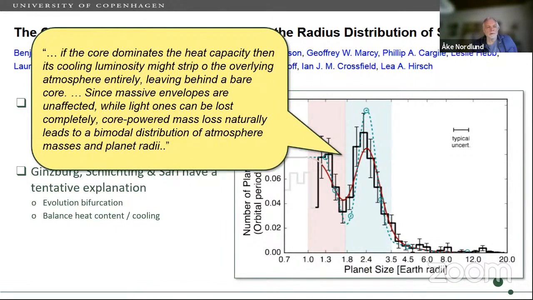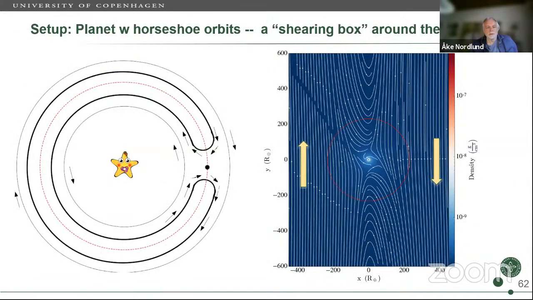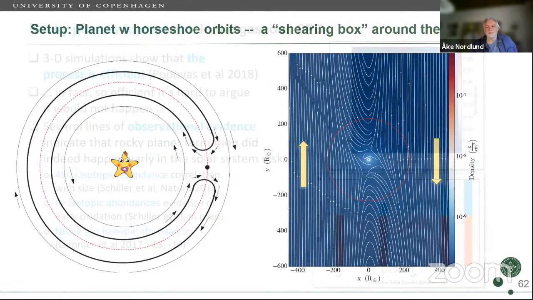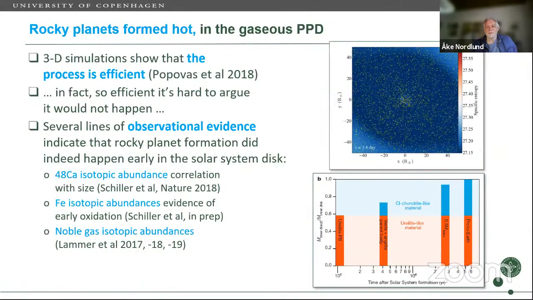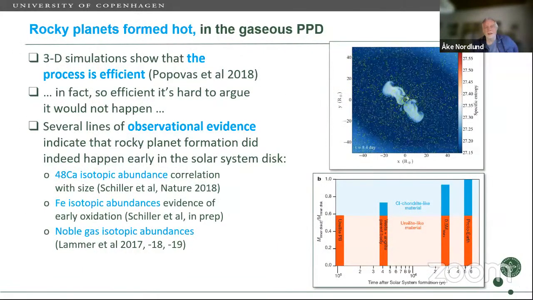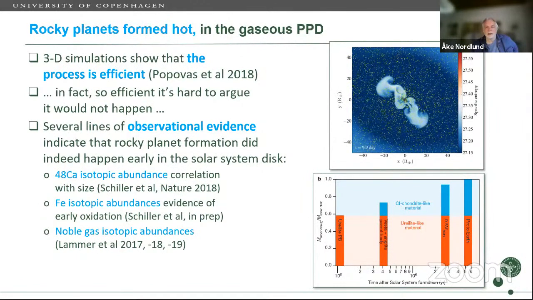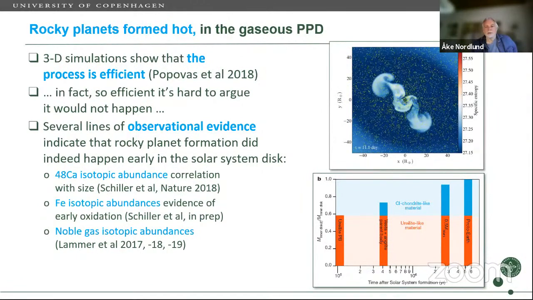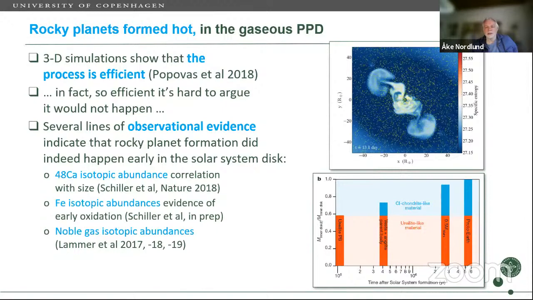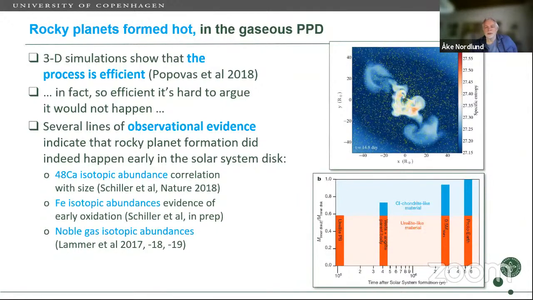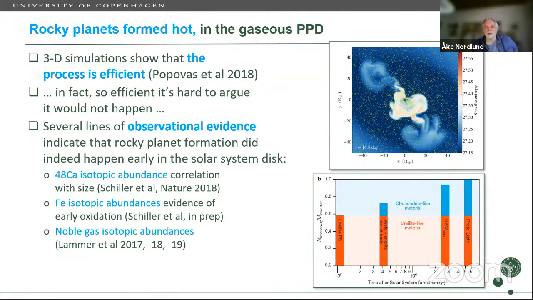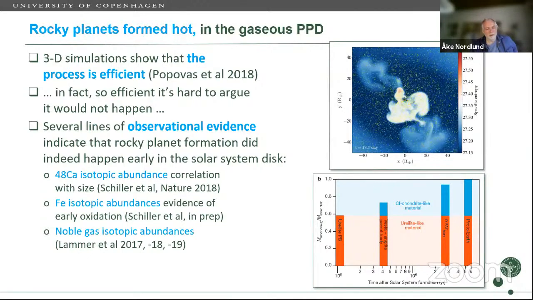So I'm going to finish off here, but just indicate that this can be observed indirectly from isotopic abundances. The very same technique that was so beneficial in stellar atmospheres can also be used to treat planetary atmospheres.